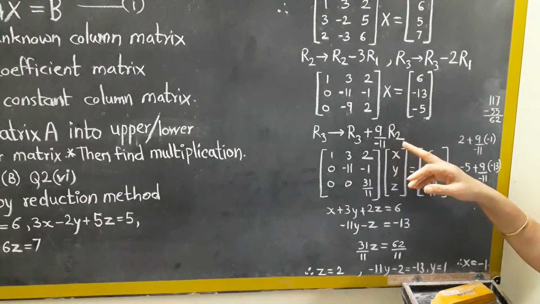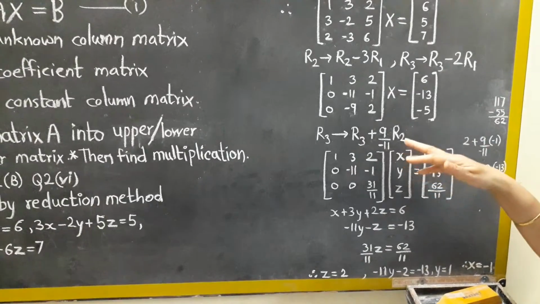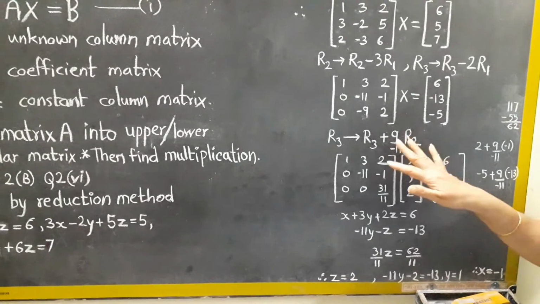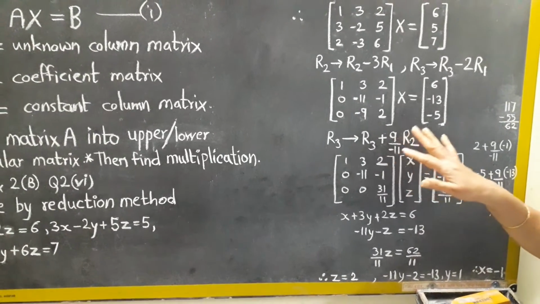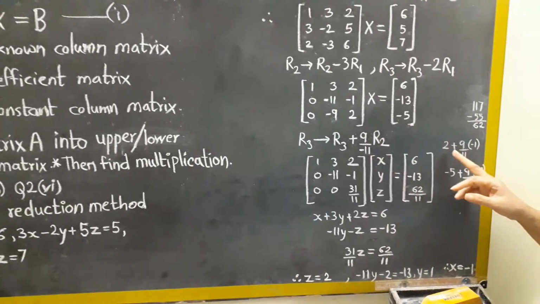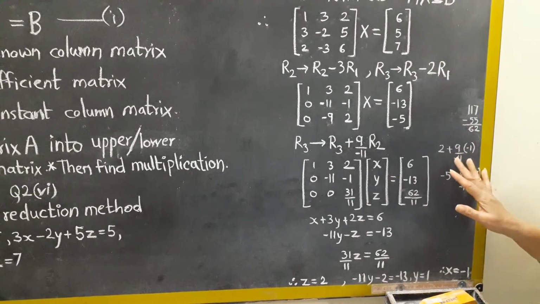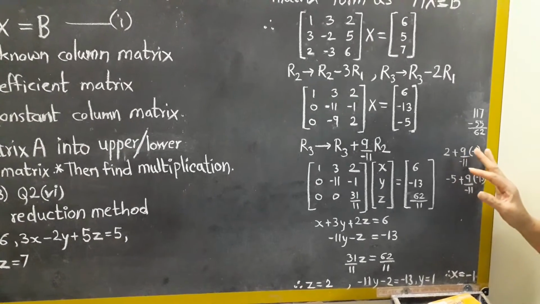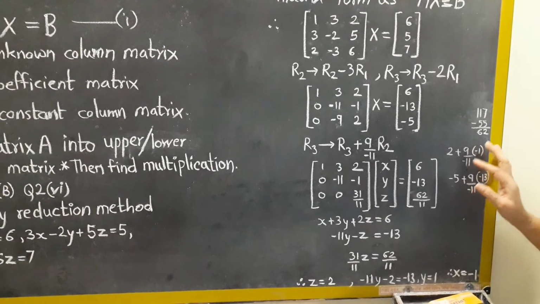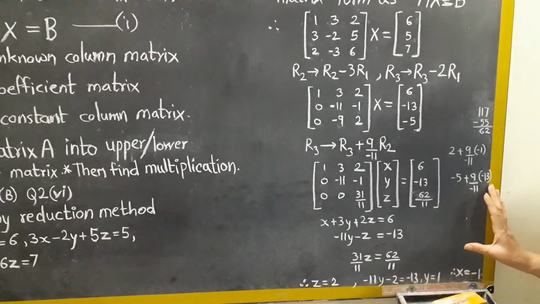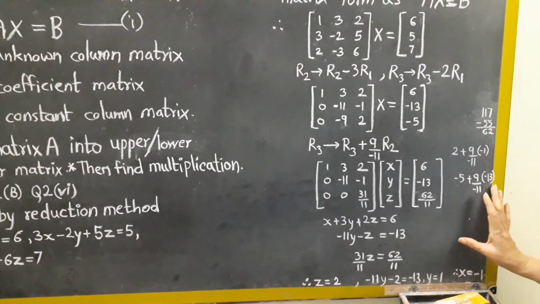Now this is becoming rather difficult, so I would prefer to write it as a rough work. So I am doing the rough work. See that I have told you that whenever we want to calculate something, you can use the right side of the answer sheet.